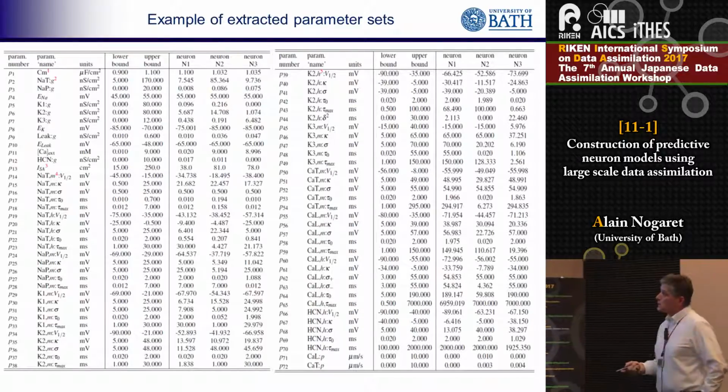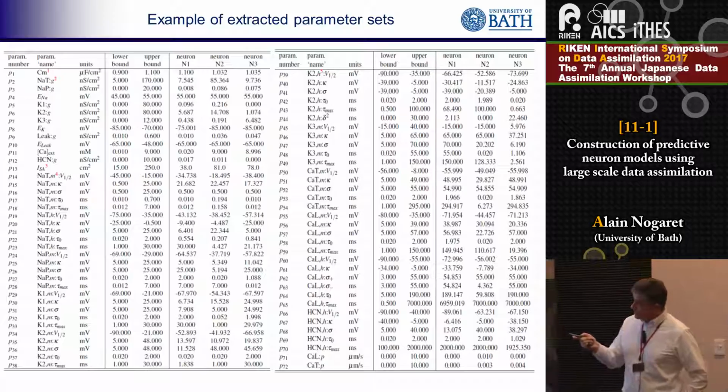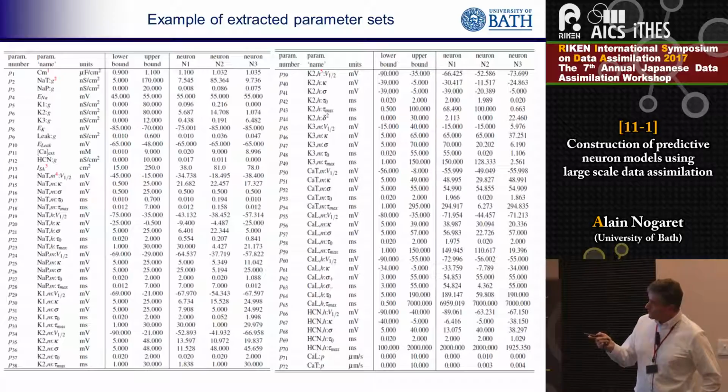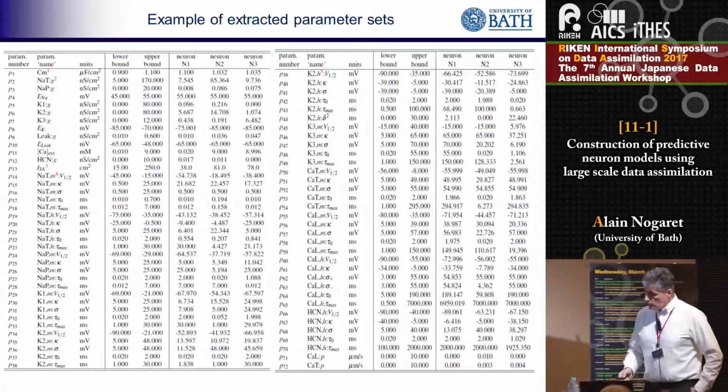So this is a typical list of the 71 parameters you're trying to extract, with the range of integration you see here. The first parameter will be the capacitance of the membrane. If you are looking, for instance, for the voltage at which the transient sodium channel opens, you look in the range between -45 and -15 millivolts, and the output will be, for instance, for one neuron, -34 millivolts.